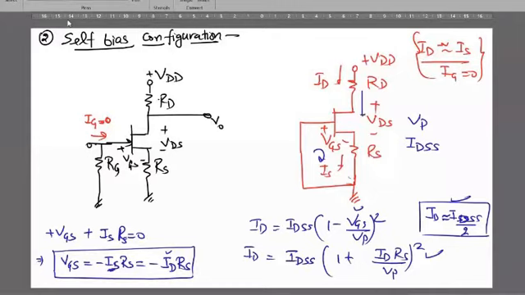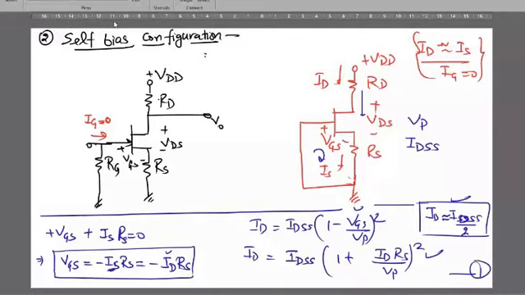So if I apply the KVL equation in the output loop, so I'm applying it here. This is equation number 1. This is the first part. The second part I'm writing over here with the green color.